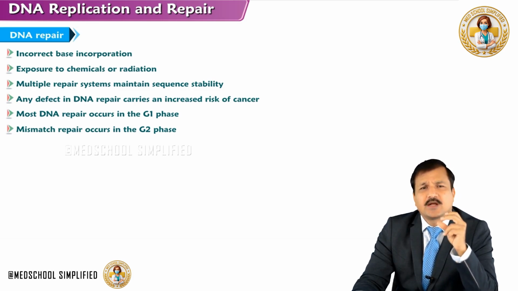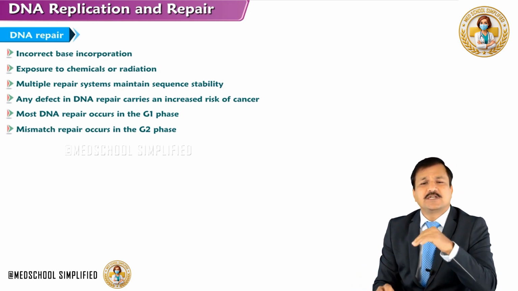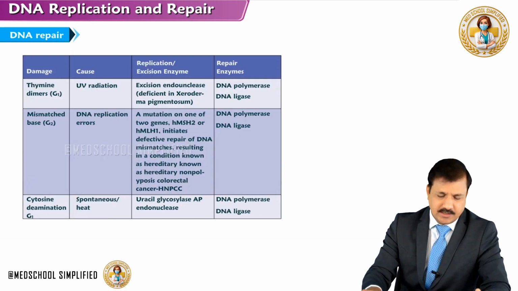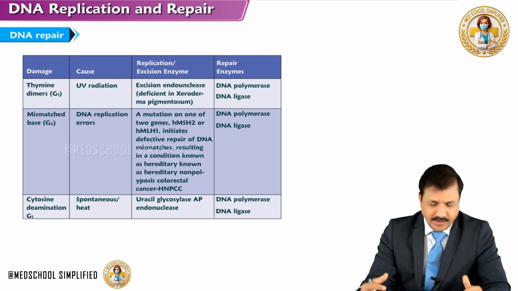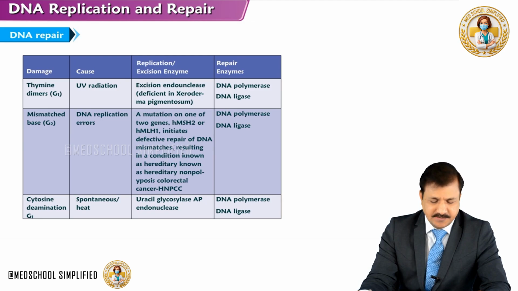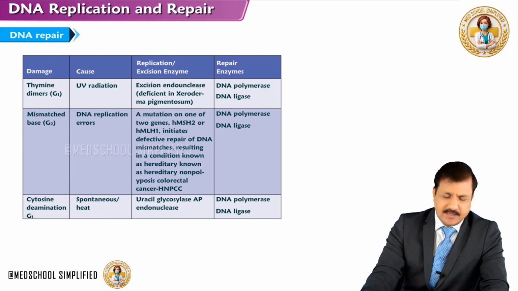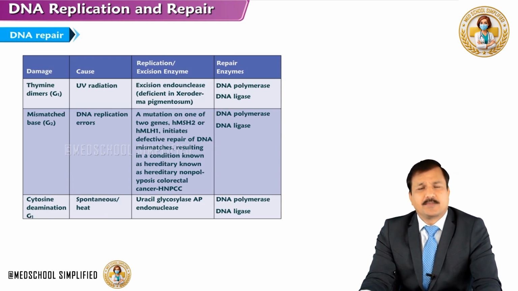Most of the DNA repair occurs in the gap 1 phase, or the G1 phase, of eukaryotic cells, and the mismatch repair mechanism occurs in the G2 phase to correct replication errors. So here is the table that summarizes different types of DNA repair mechanisms: the thymine dimer repair mechanism, the mismatched base pair repair mechanism, and then the cytosine deamination repair mechanism.